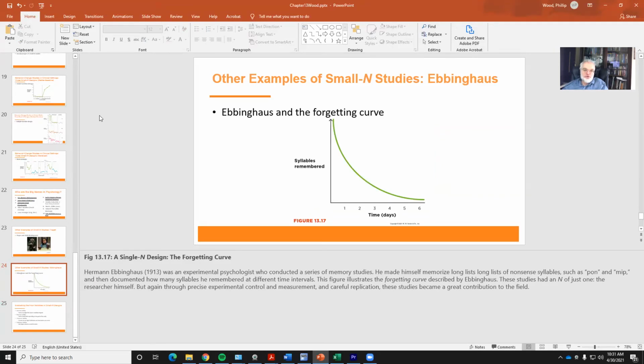Ebbinghaus was really the first person to do a small n design, where he had little nonsense words with 2 consonants and a vowel, and he tried to memorize them and looked at how things fell away over the course of time. And this curve that results was news to people, that memory decays according to a given shape.